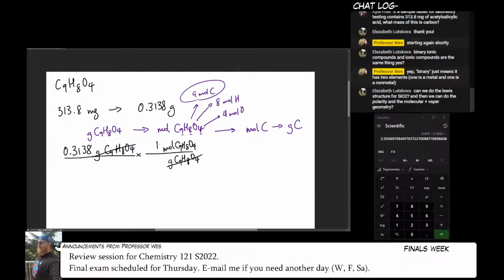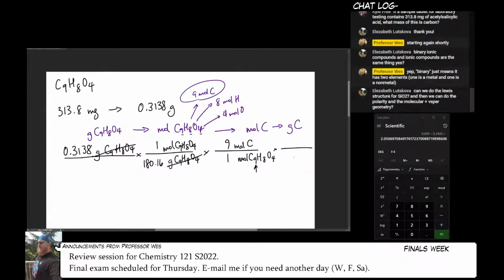So how many grams are in 1 mole of C9H8O4? We'll go to Lentech to do that. I got 180.16. And then I also know that there are some number of moles of carbon per C9H8O4, and it's just this number right there. In 1 mole of the big thing, how many moles of carbon? 9, because I wrote it in my formula.